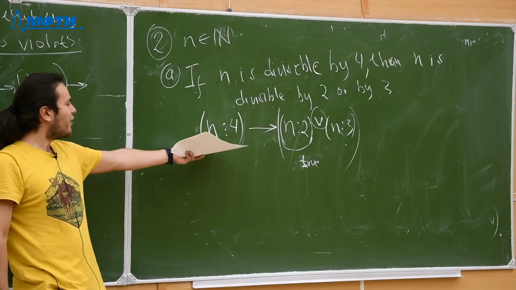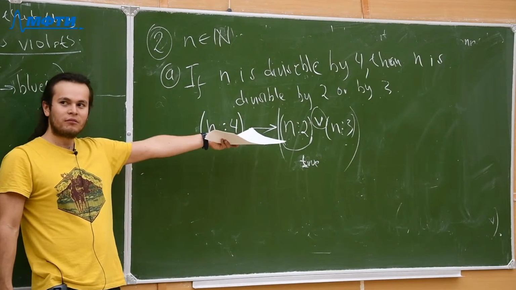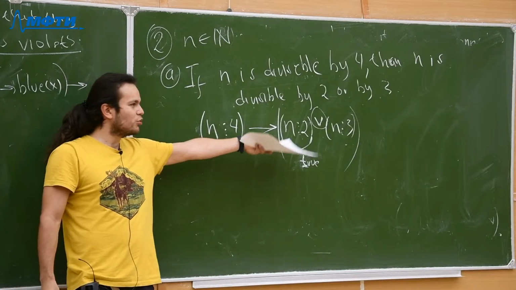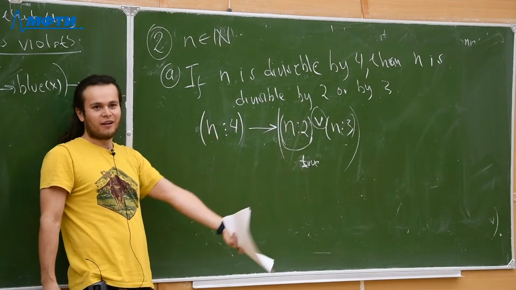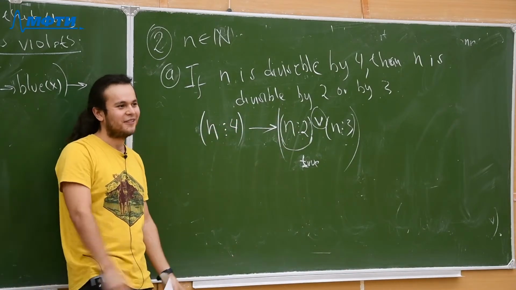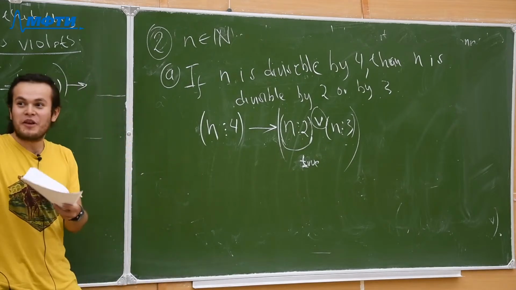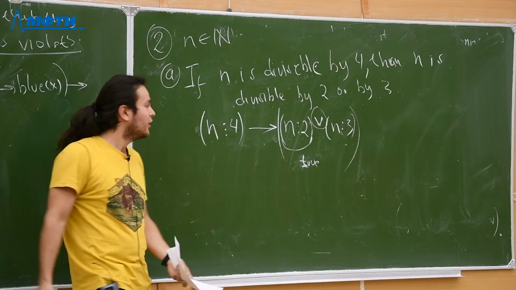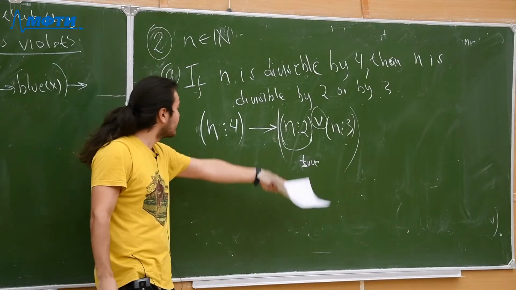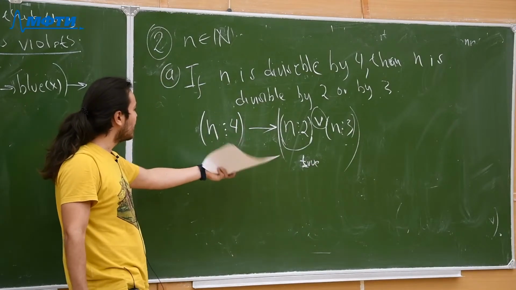So if you can divide a number by 4, you can divide it by 2. No, in this case, I mean this. So this is true.